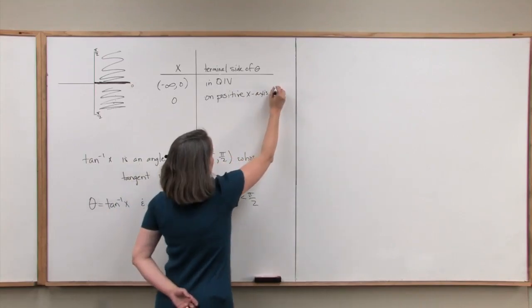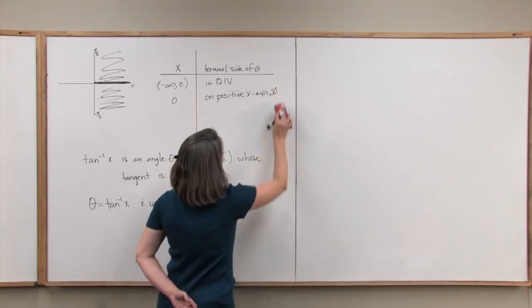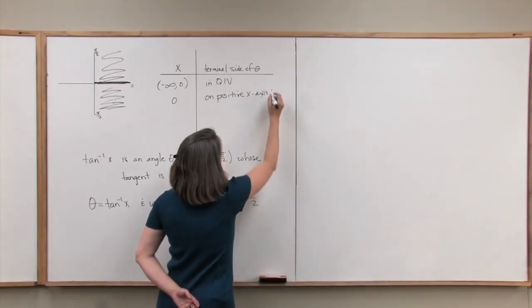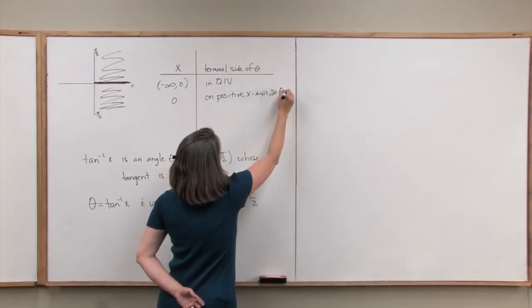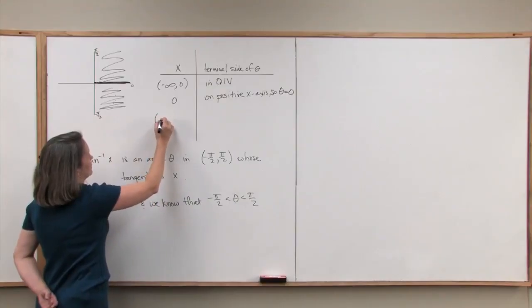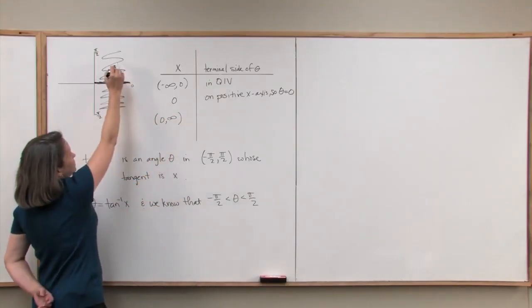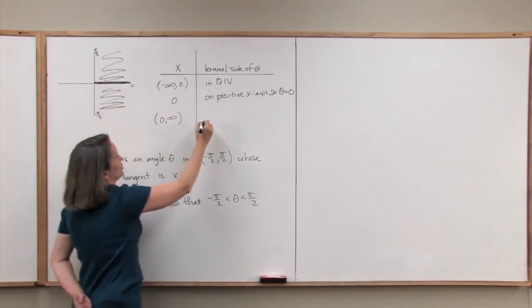And that means that theta is 0. And the only other possibility is that x is a positive number, and that would place the terminal side of theta in quadrant 1.